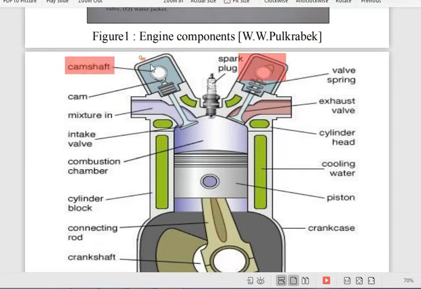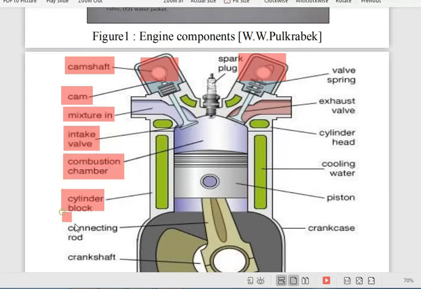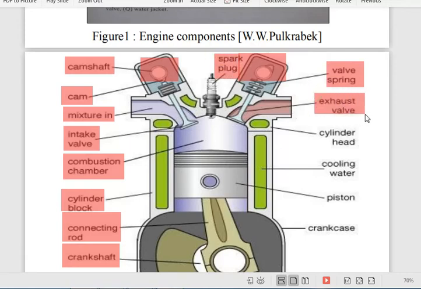You can see here camshaft, the cam, the mixture inlet, that is the inlet port or manifold, inlet valve, combustion chamber, cylinder block, connecting rod, crankshaft, valve springs, spark plug, exhaust valve, cylinder head, cooling water, piston and crankcase.